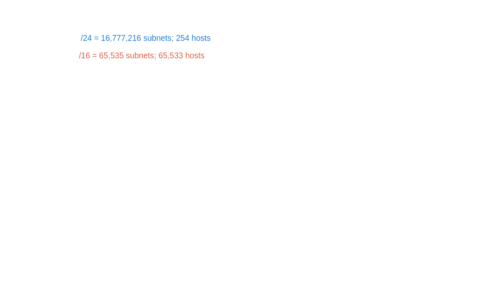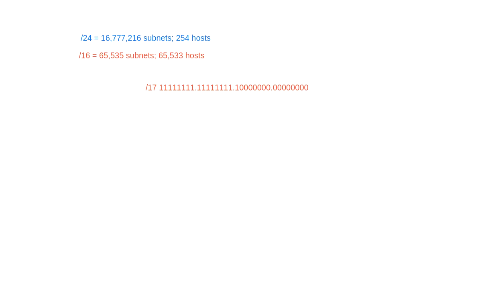So even something as simple as a /17 means that we now have a subnet mask that looks like this. Okay, so that means that now we have 2 to the 17th power in terms of the number of subnets that we have available.